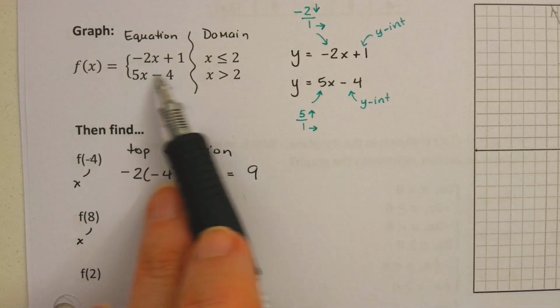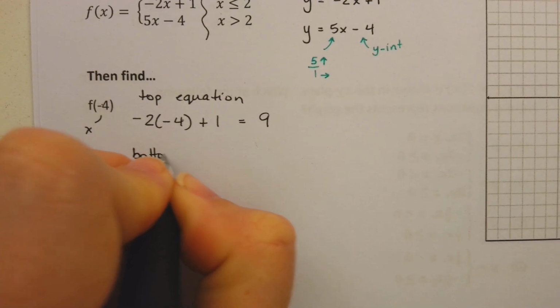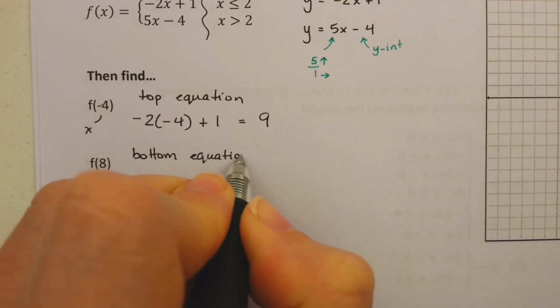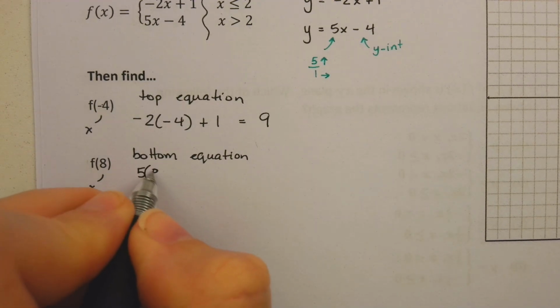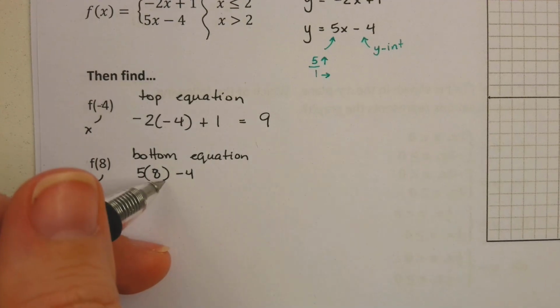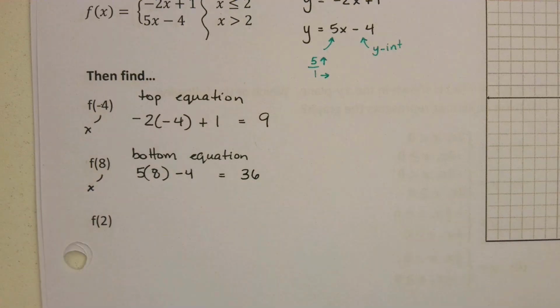Greater than, so we're going to use the bottom equation for that. Alright, bottom equation says 5 times the x minus 4. So 5 times the 8 minus 4, that would be 40 minus 4, which is 36. Good job, Harvey.